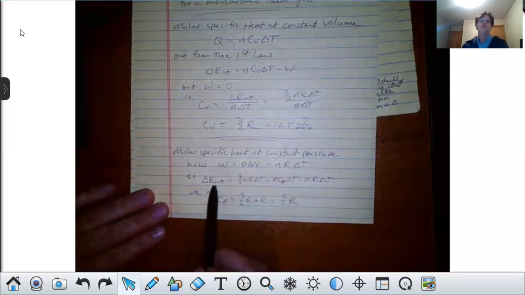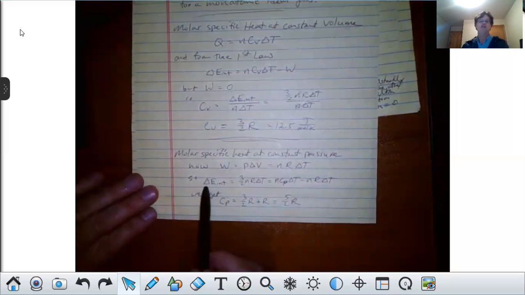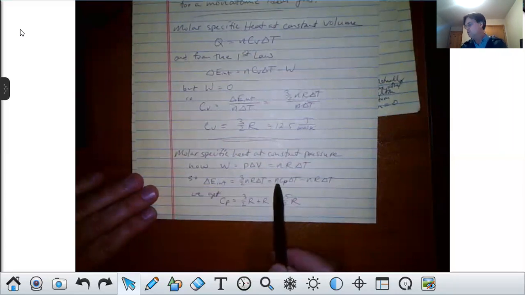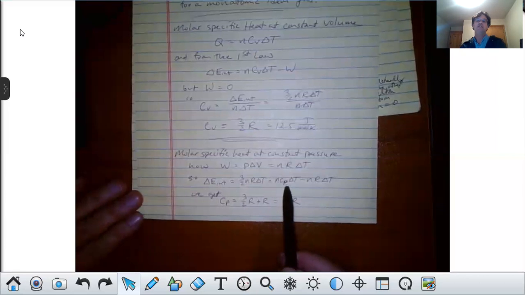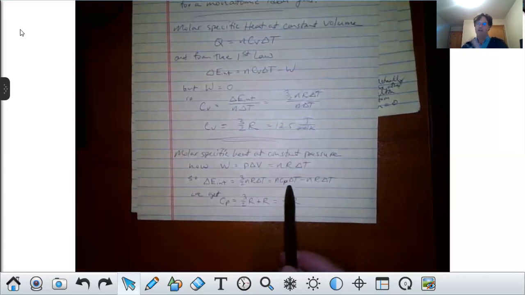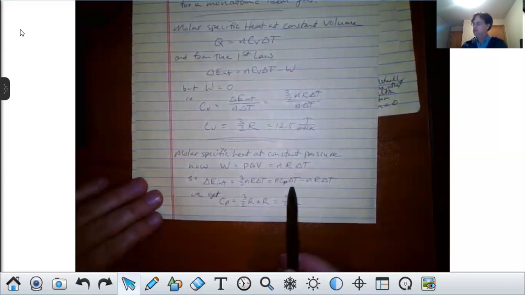Again, going back to our first law of thermodynamics, the change in internal energy is Q minus W. And what we end up getting is our delta E internal is 3/2 nR delta T. That's equal to Q, which we're now writing as nCP delta T, because we're talking about a constant pressure molar specific heat process, minus our nR delta T work.